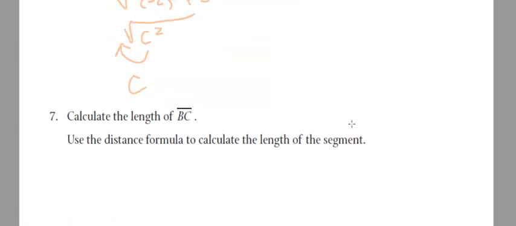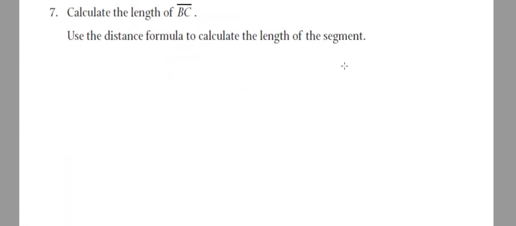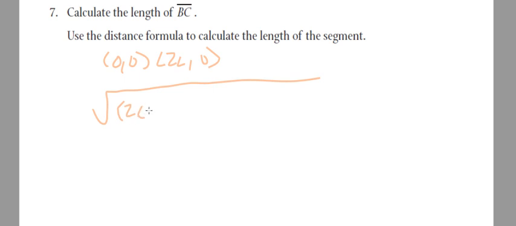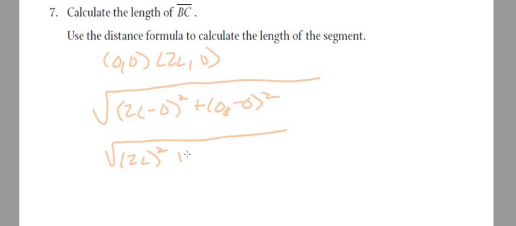So we're going to go find the length of BC. So that is 0, 0, and 2c, 0. So that is the square root of 2c minus 0 squared plus 0 minus 0 squared. So this is just 2c squared plus 0.